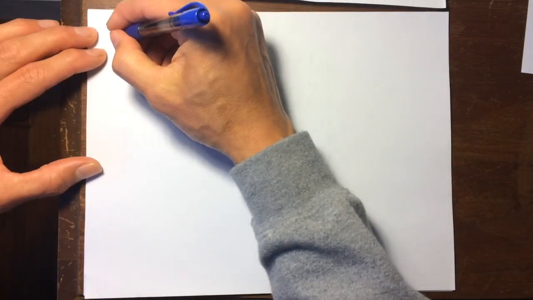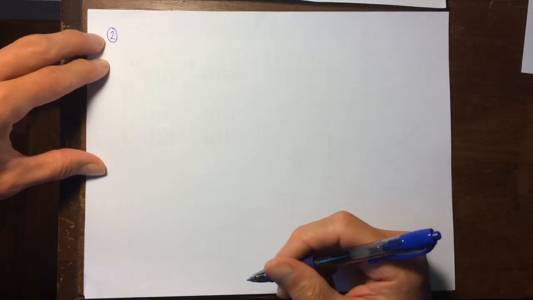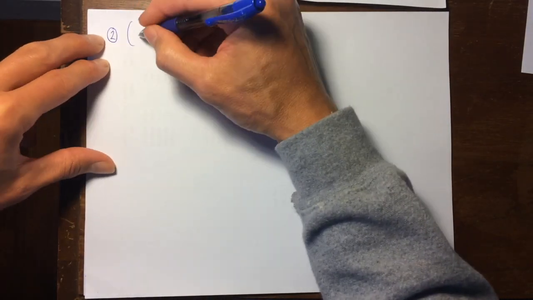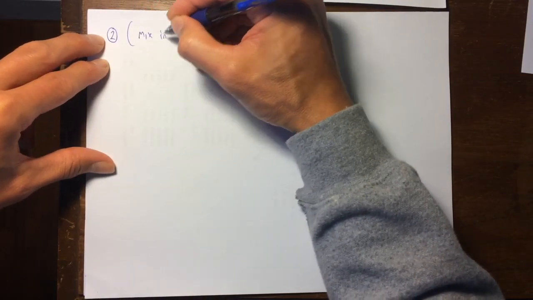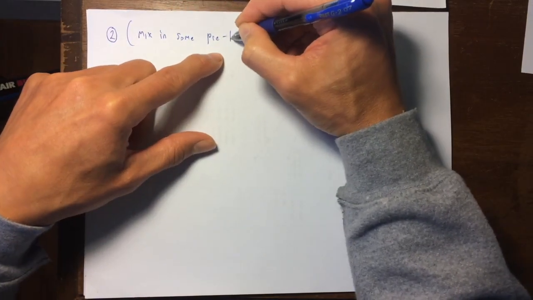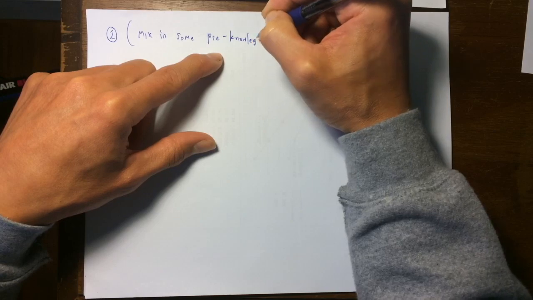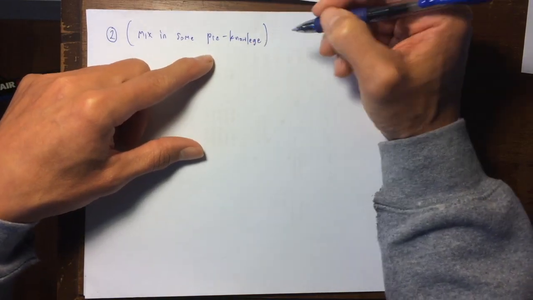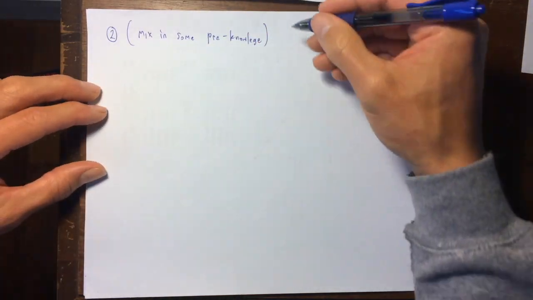So the other problem is this. We're going to have to mix in some kind of pre-knowledge. And I'll describe what I mean by that. But here's the problem.